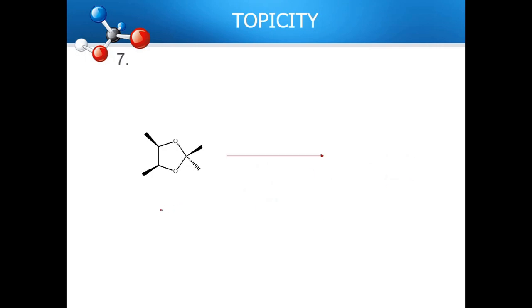Let us take this particular molecule again. This particular molecule has a C2 axis, so rotating around 180 degrees, it has a C2. Therefore, the two hydrogens or the two methyl groups are homotopic in nature.